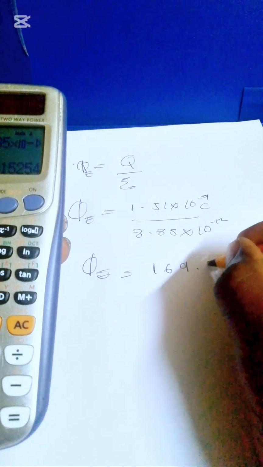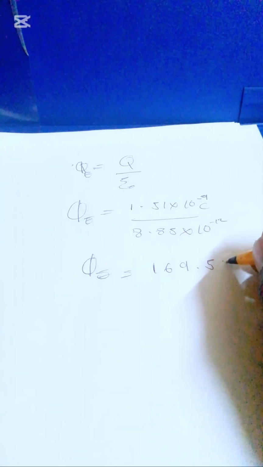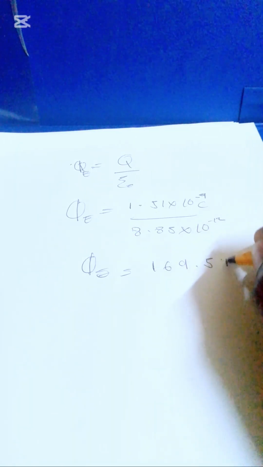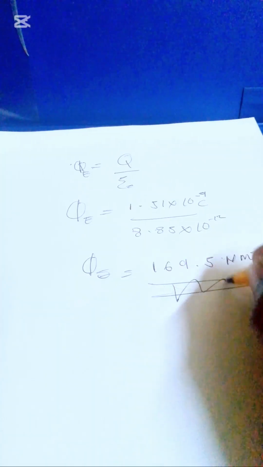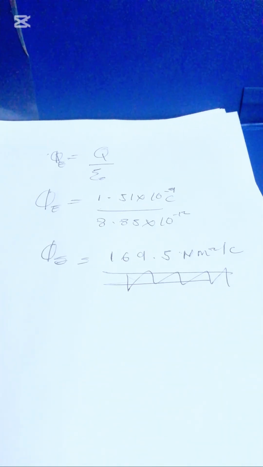So we can leave it to 1 decimal place. So this is the electric flux, which is in Newton meter squared per coulomb. So that would be our final answer.